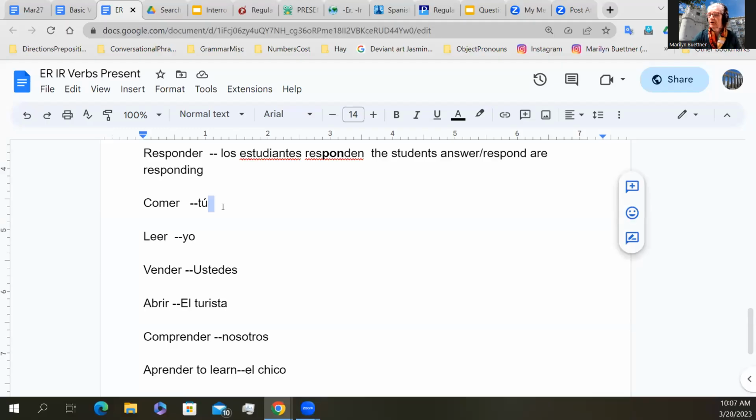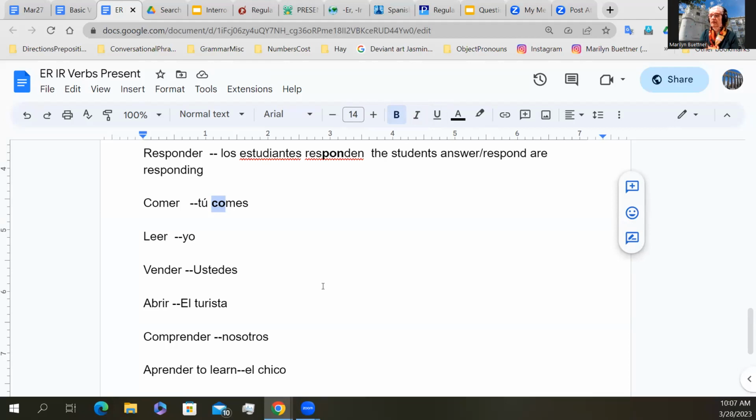Okay. A ver. If we know the prompt is tú and we need to use the verb comer with tú, what would our answer be? Tú comes. And I'll put it in bolder print there.